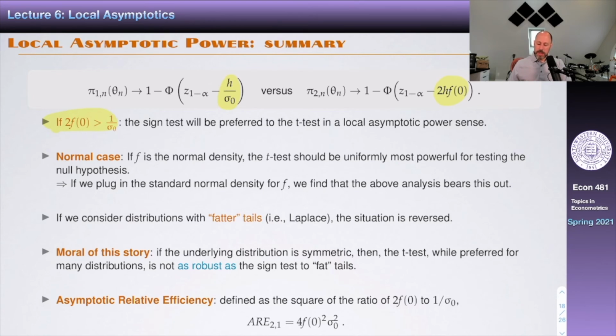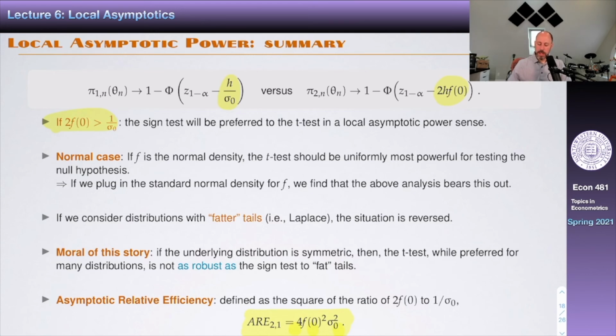So when you take the ratio of these numbers multiplying the local parameter, you get something that is called asymptotic relative efficiency. And so the asymptotic relative efficiency of the sign test relative to the t-test takes this formula over here. It's 2f divided by 1 over sigma square, which just gives you 4f square sigma square.